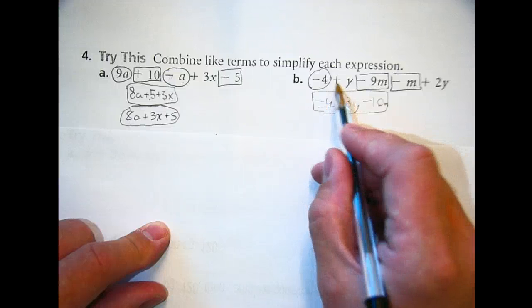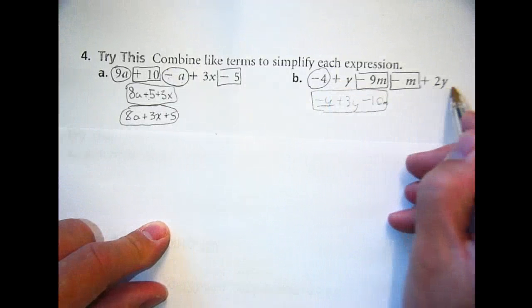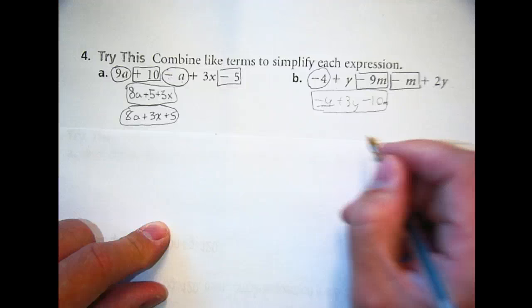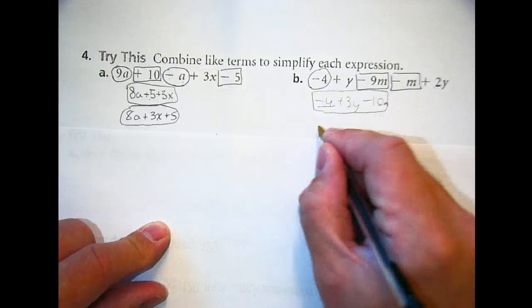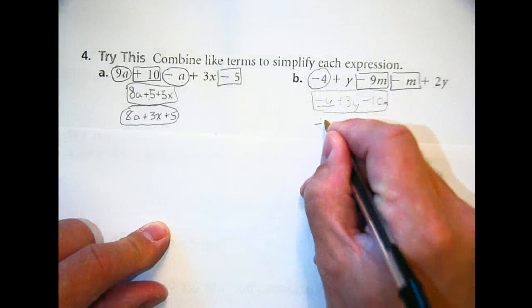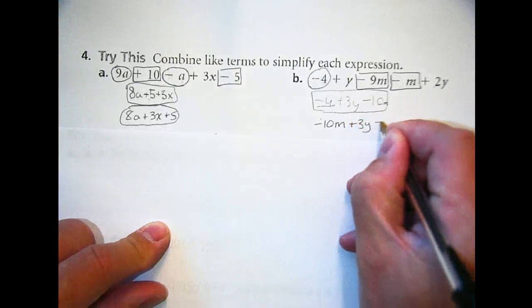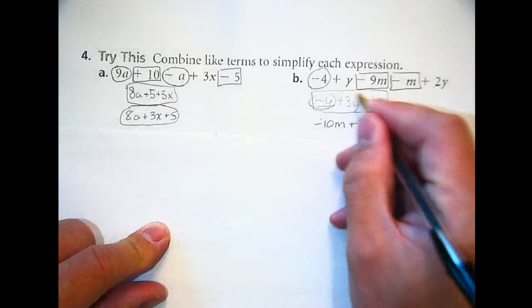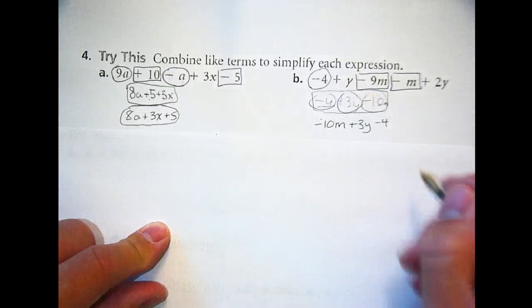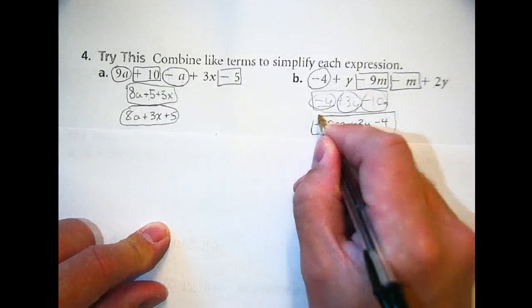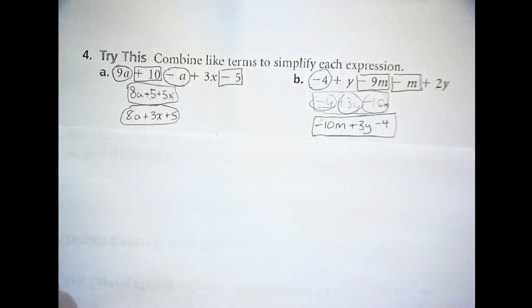And then we have our positive y and plus 2y. That gives us a total of 3y's. So once again, if we put those in order, we go negative 10m plus 3y minus 4. It's kind of like these things are puzzle pieces you can move around. All right? Very good. Hey, thank you for volunteering. Any questions on those?